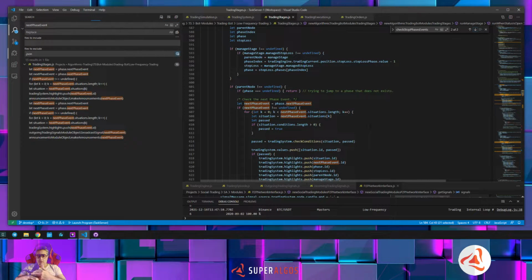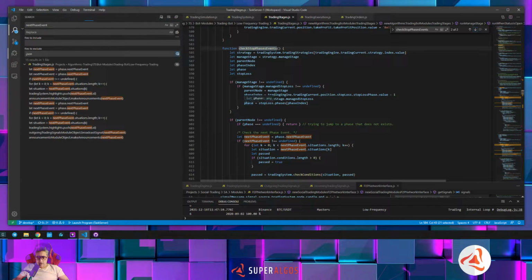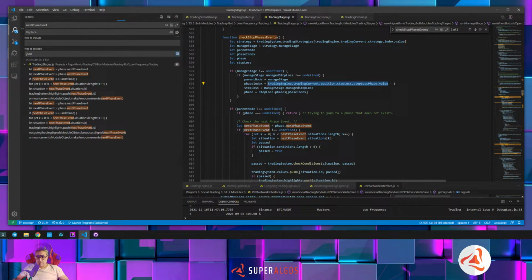So what is going on is that at any point during the simulation, if we are at the manage stage, we are at a certain phase of the management, right? So what this function does is to grab the phase node of where we are based on the store value of which is the index of the current phase, right?